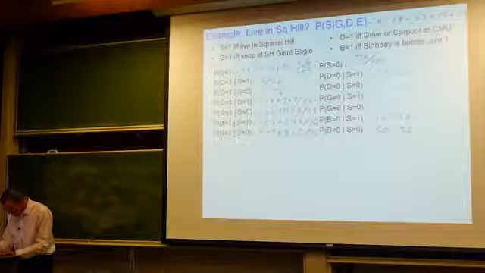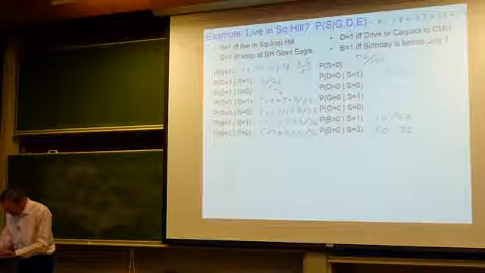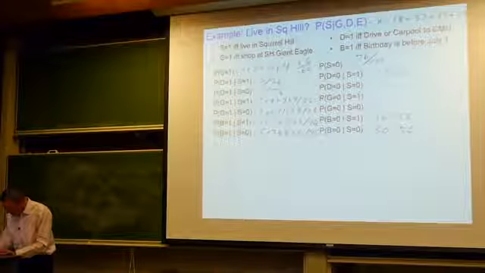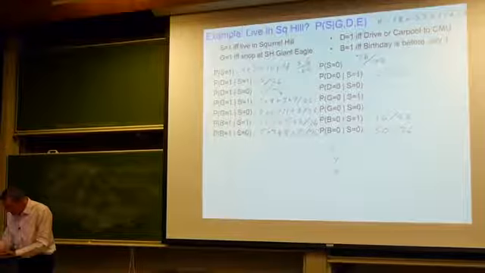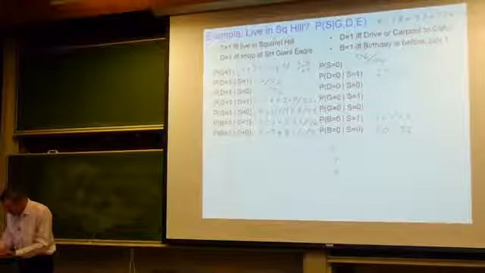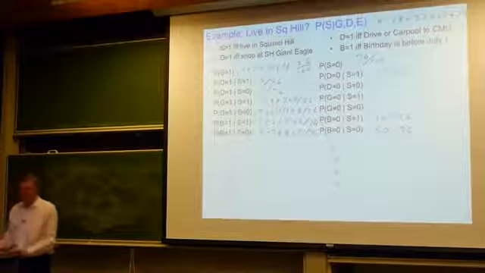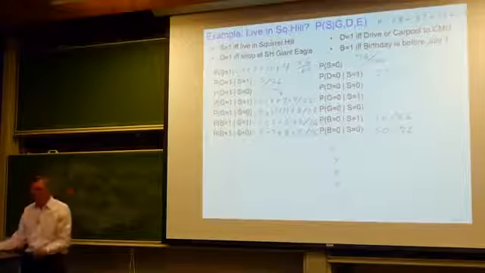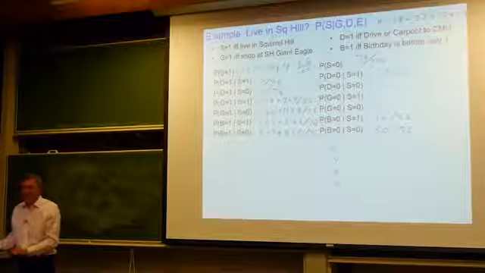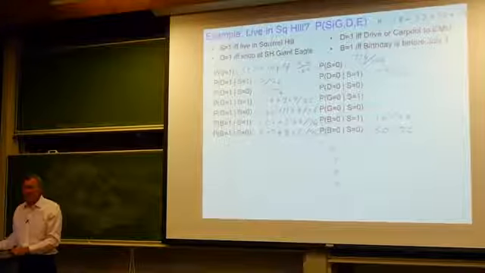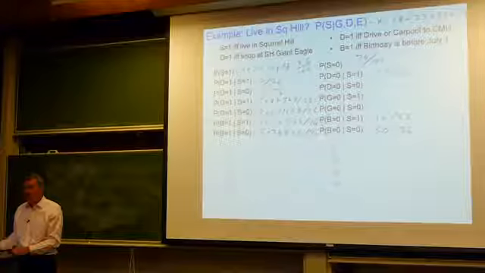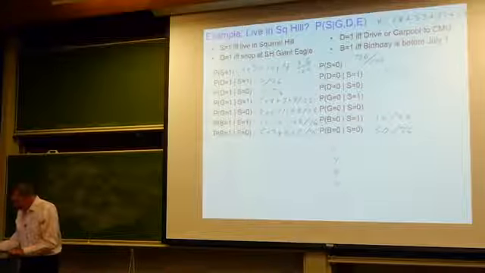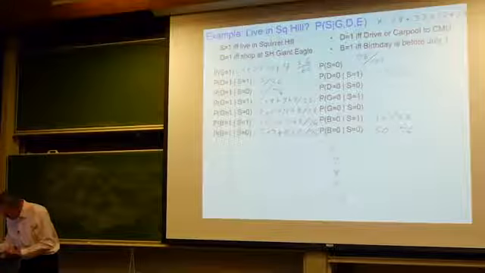Okay. Can you read me out the probability that they live in Squirrel Hill for each of them? Oh, the probability that they live in Squirrel Hill for each of the test examples? Yeah. I do. Okay.